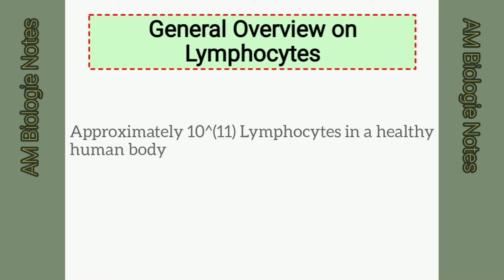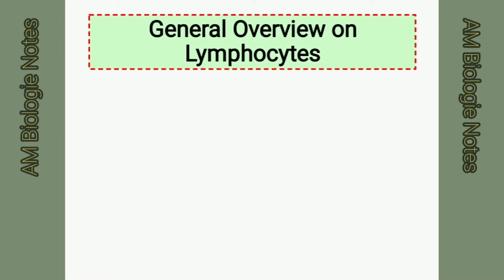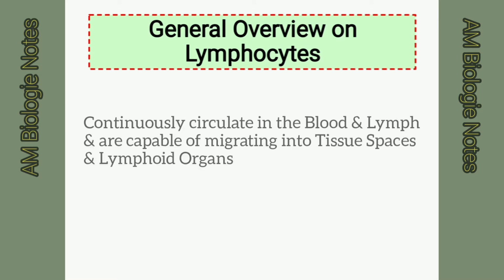There are approximately 10 to the power 11 lymphocytes in a healthy human body. These lymphocytes continually circulate in the blood and lymph and are capable of migrating into tissue spaces and lymphoid organs.